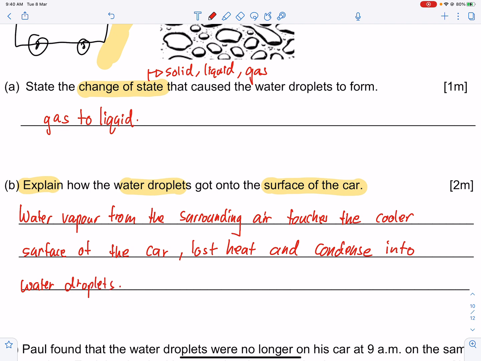Now over here, this part, if you really want to be very clear, you can say loses heat to the surface of the car.